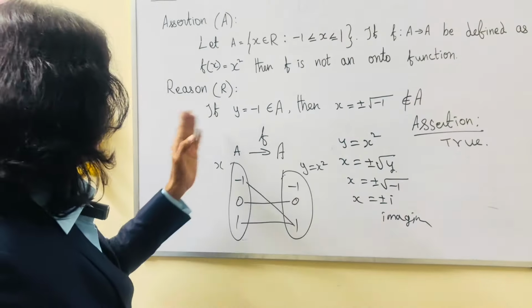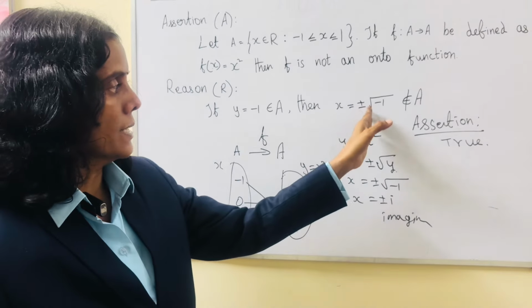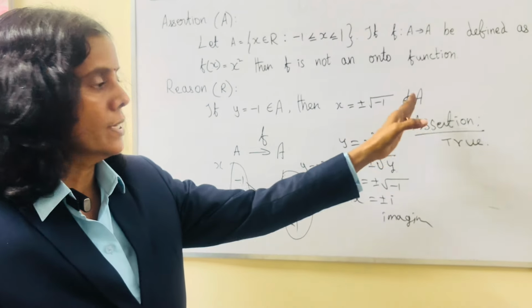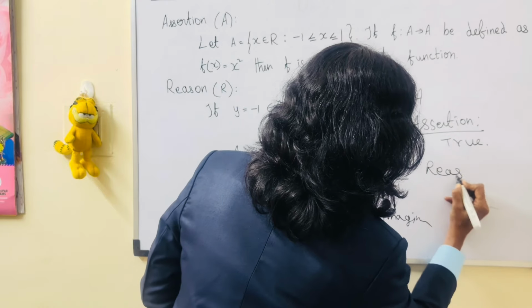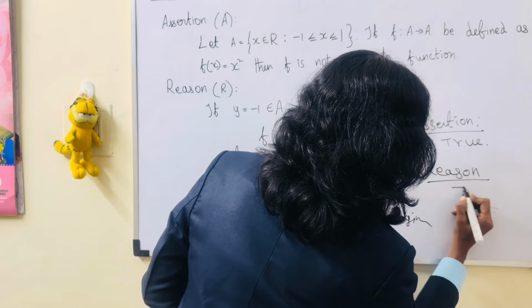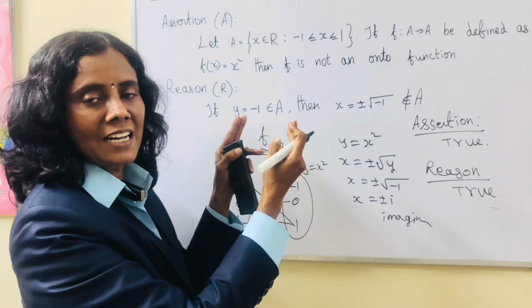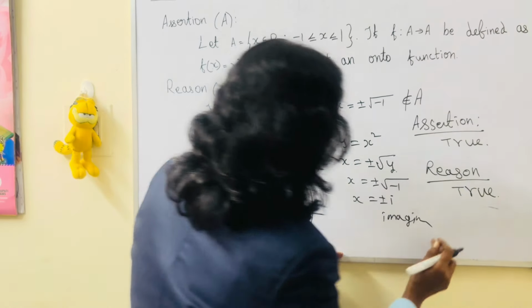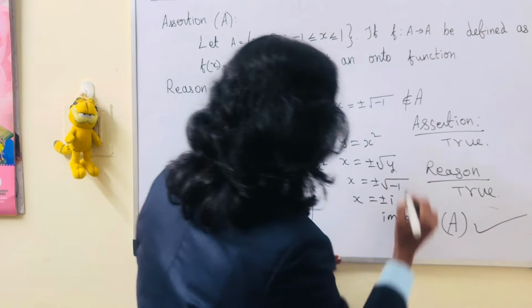So your reason is also true. And this reason is the correct explanation of that assertion. So option A is right.